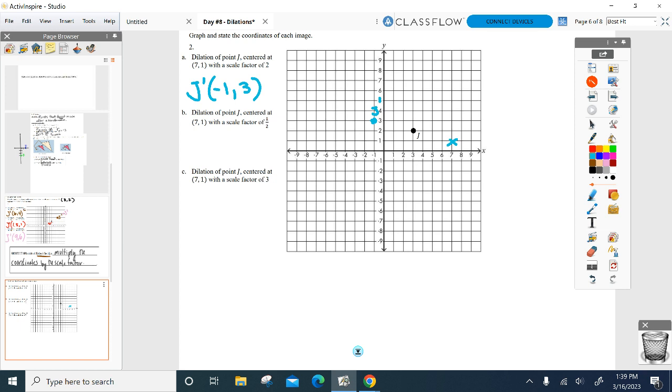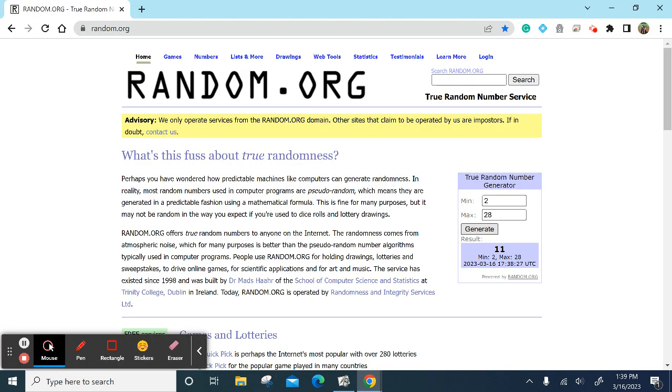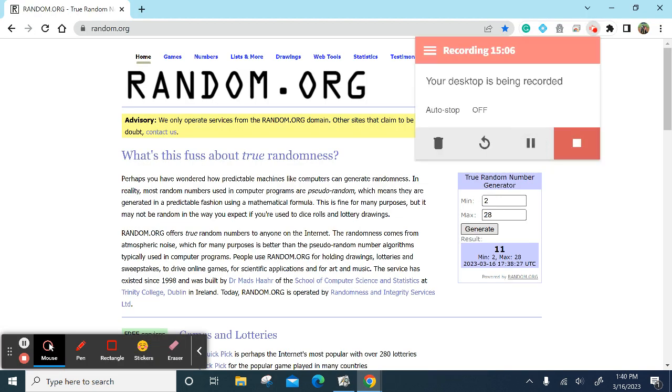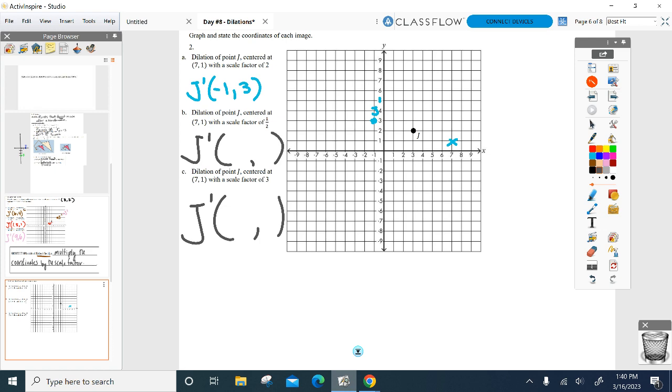So now cut that distance in half. Always go from the center to the point that you're dilating. Hey, can I get a part B?